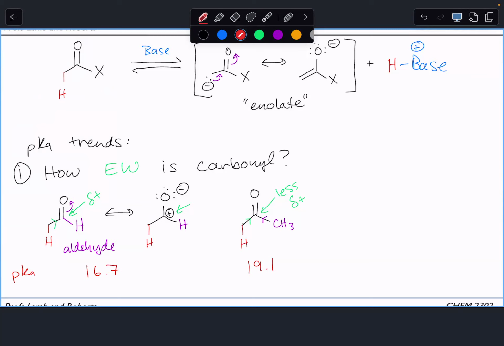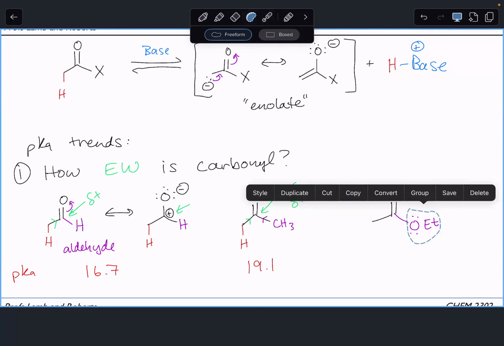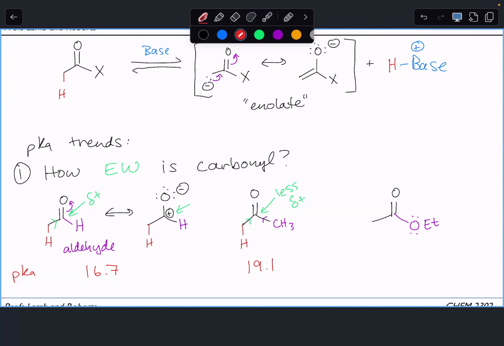Okay, so this is an inductive argument. It's not as electron withdrawing, therefore, the proton is not as acidic because we're not going to stabilize the conjugate base as much as we would in the aldehyde case. Okay, I know that's a little bit harder to think about. The same thing we can think about for esters. So if we have an ester, still talking about this alpha proton right here.